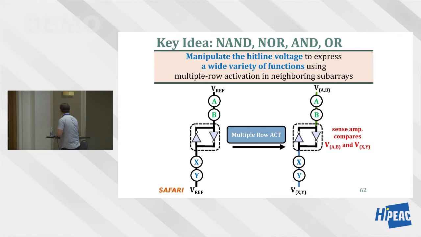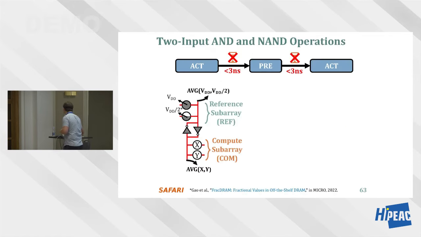Now when you activate these concurrently, the bit line voltage is really a function of, or average of, voltage in A and voltage B. And the bit line voltage here is really an average of voltage X and voltage Y. And the sense amplifier really compares the voltage over here to the voltage over here to do the sensing. Now if you carefully place some data to A and B, you can actually do computation function on X and Y. So let's take a look at how do you do AND and NAND.